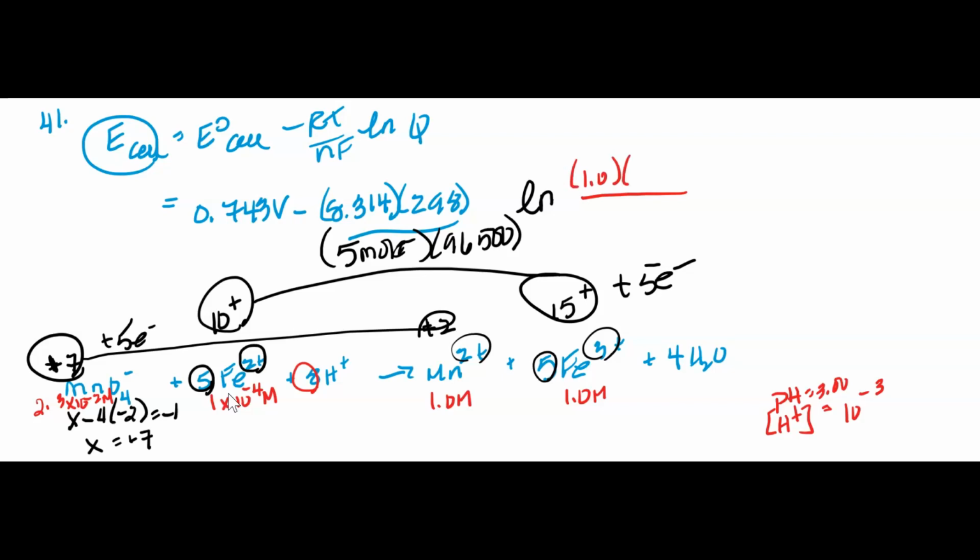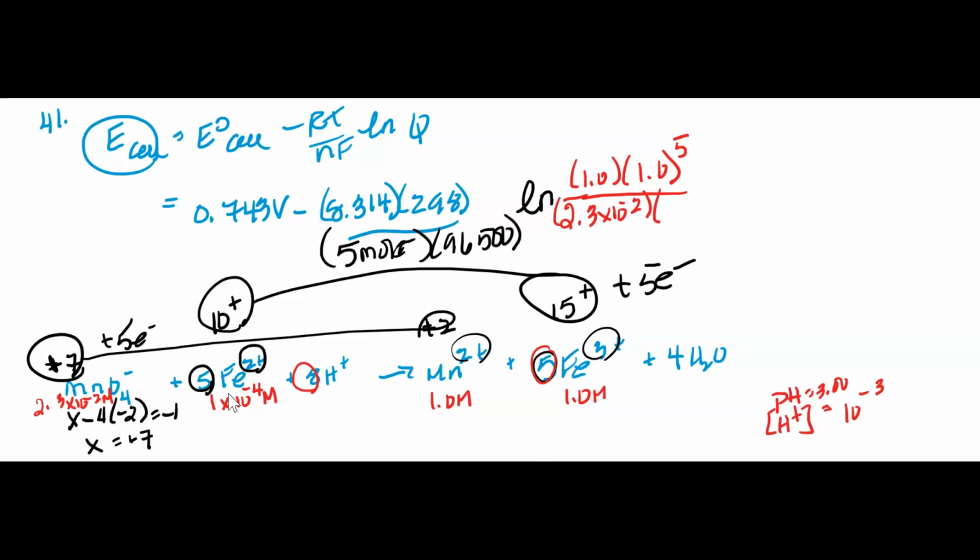And then there is the iron 3 ion concentration, which we raise to the 5th power because there are 5 iron 3 ions, although 1 to the 5th is just 1. But just to illustrate what's going on here, for the reactants, we've got 2.3 times 10 to the minus 2 for the manganate ion.